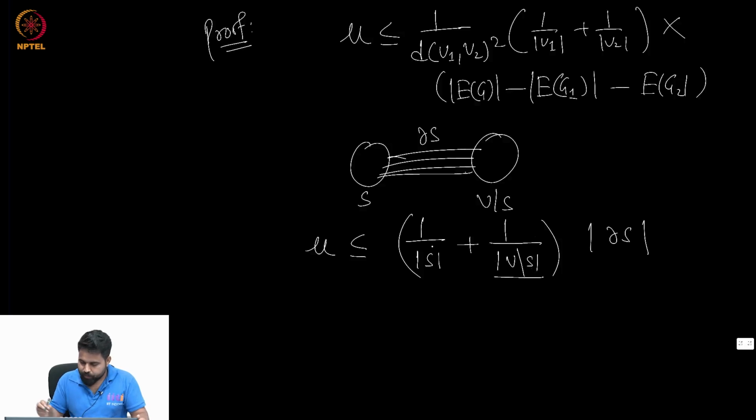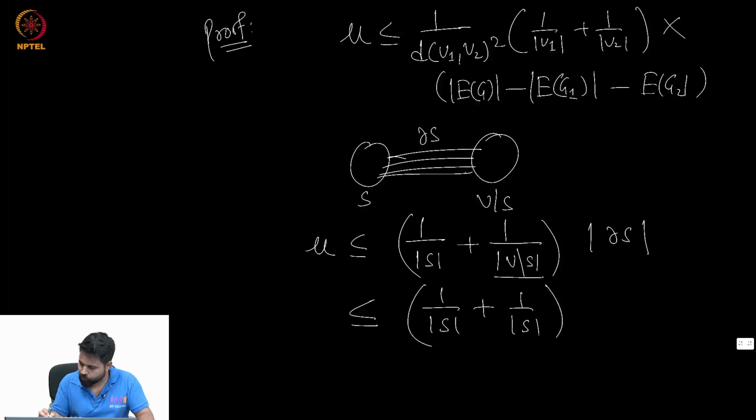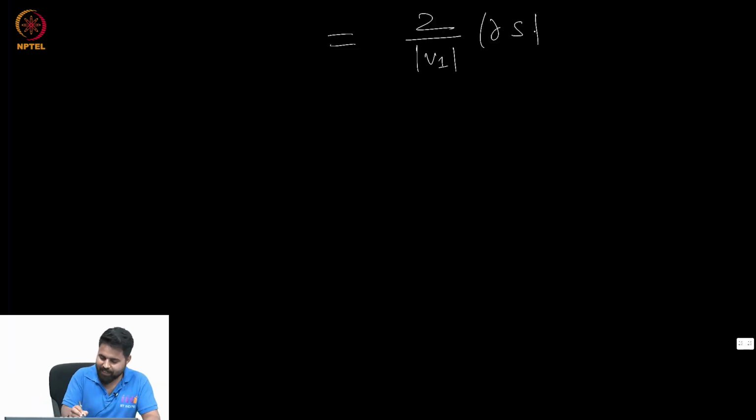So we can write this as 1 over mod S plus again 1 over mod S, and then this quantity mod delta S. And now this is very straightforward. So this quantity is now equal to 2 divided by mod S times mod delta S.